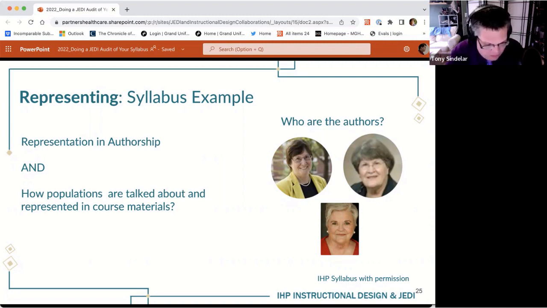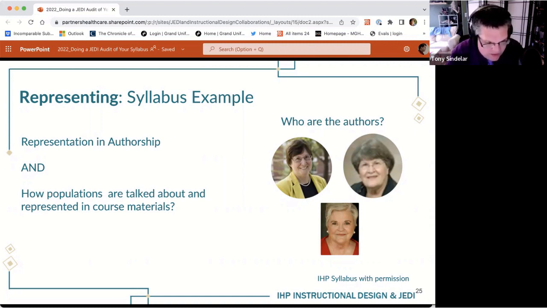Obviously, there are certain types of diversity here that are more visible and therefore easier to identify, whereas there are others that are either not easy or not possible to identify. But we have the example here on the right. This was from a syllabus at the Institute, and we looked up images of all of the authors of the textbooks that course used, and what might that be communicating to students about the nature of that field and what expertise looks like in that field.